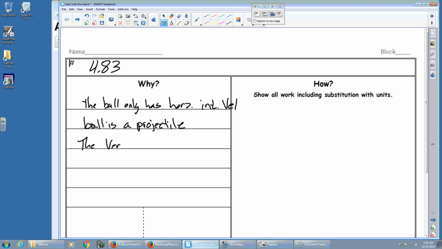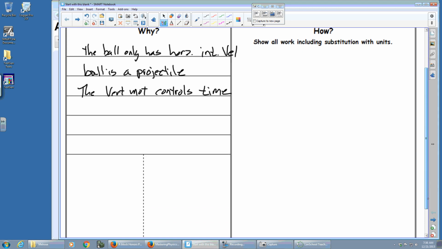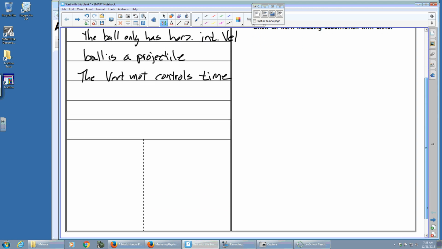The vertical motion controls time. That'd kind of be the base that I would need down here. Those ideas. And of course, by the ball as a projectile, what I mean is it's only influenced by the force created by gravity.